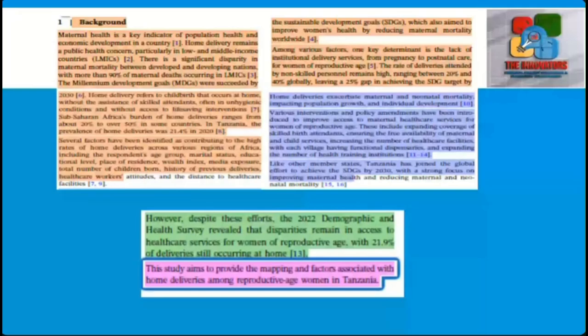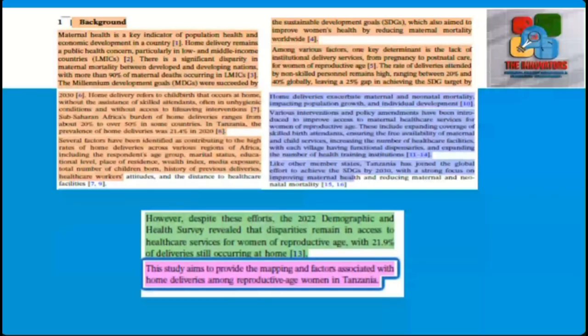So the study aimed to provide the mapping and factors associated with home delivery among reproductive age women in Tanzania. So you find this as a summarized objective, which reflects exactly the first, the second, to the gap, whereby the gap reads: despite this effort, the 2022 Demographic and Health Survey revealed that disparities remain in access to healthcare services for women of reproductive age, with 21.9% of all deliveries still occurring at home.